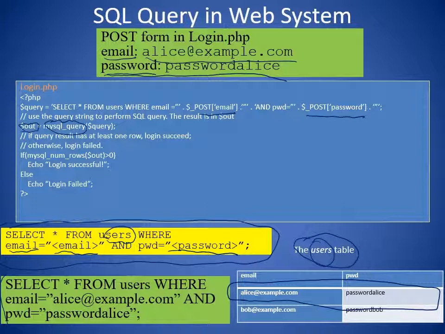The first record is then assigned to the out field. The next statement tells how many rows the out field contains. If the number of rows is greater than 0, then the PHP will print out a message saying login successful. Otherwise, the PHP will print out the message saying login failed.